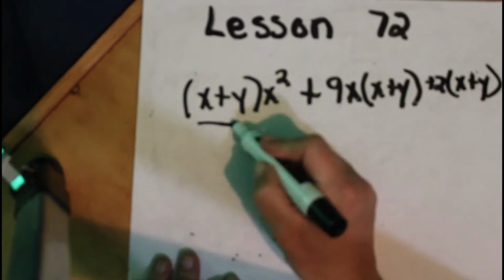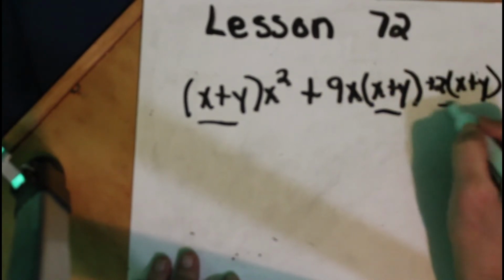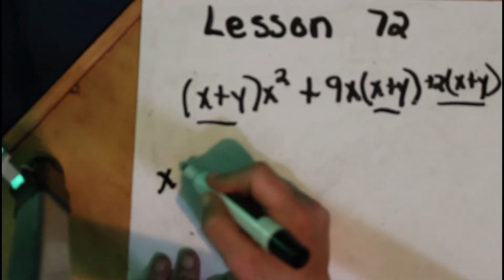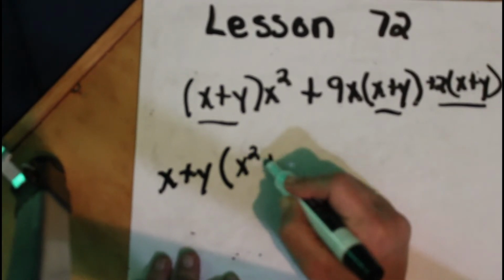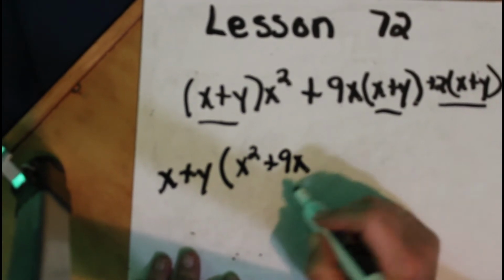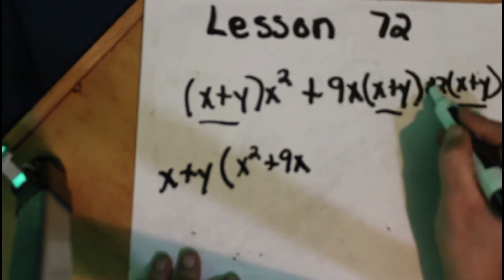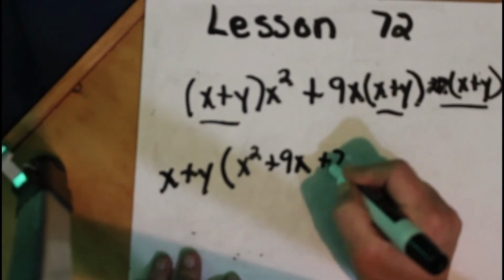And if we look, we'll see that x plus y is in each one of these. We're going to pull it out first. And then we're left with x squared plus 9x plus 20.